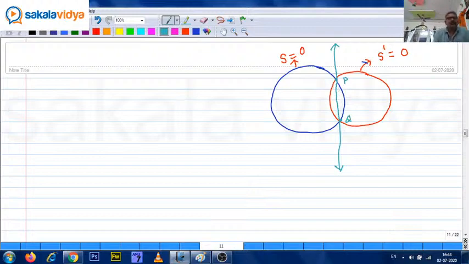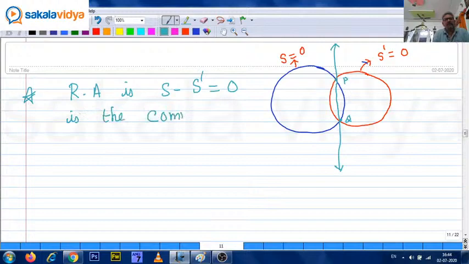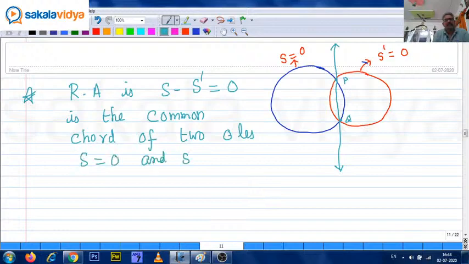So now here the radical axis, S minus S dash equals 0, is the common chord of two circles S equals 0 and S dash equals 0.